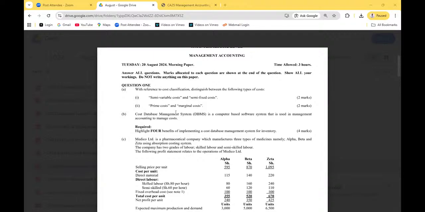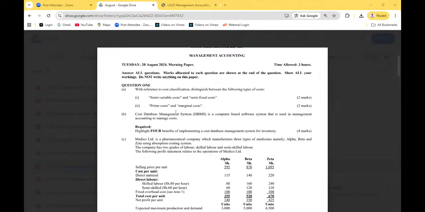Prime cost plus variable production overheads. What else? Prime cost plus variable production overheads. But now, we also have to understand something: direct material, direct labor, and variable selling and administration.